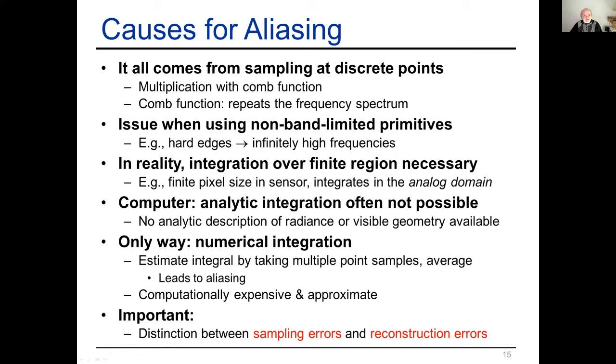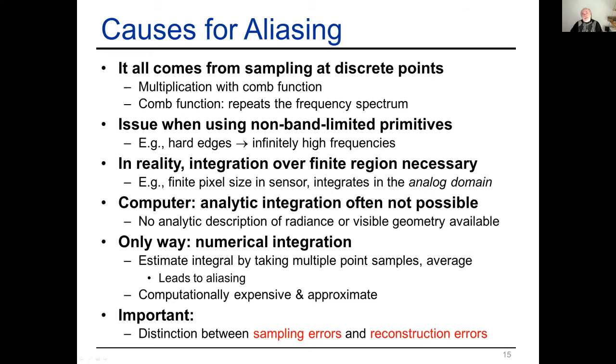It can be complex. And so it's important to distinguish two sources of error. There's the sampling error that happens as you multiply that continuous function with our comb function. That can and will introduce at least some sort of error.